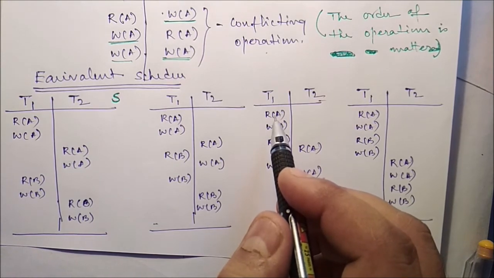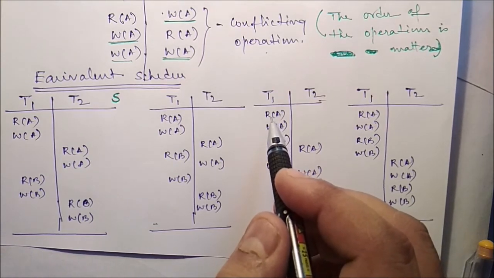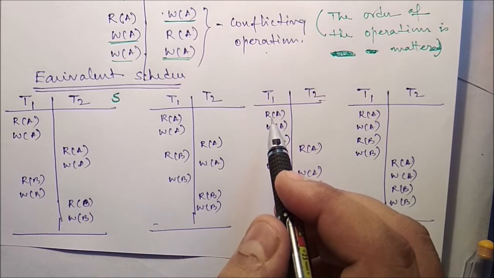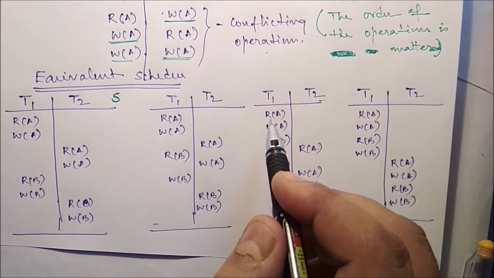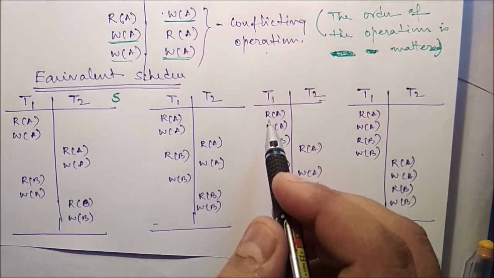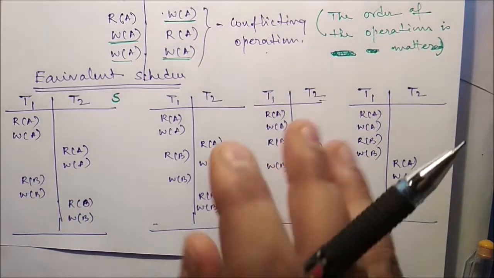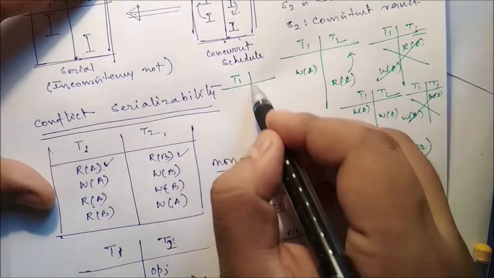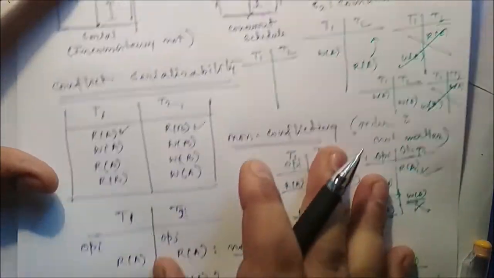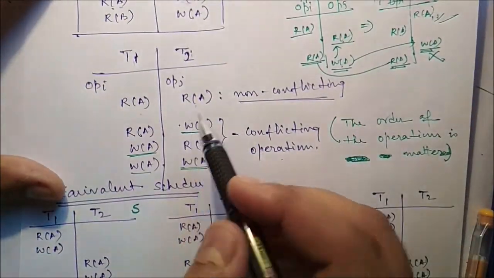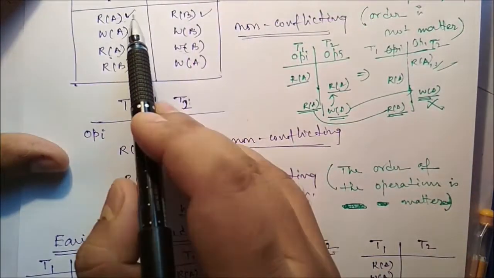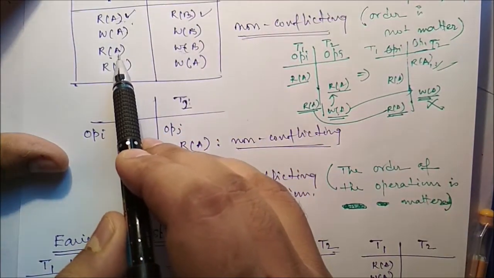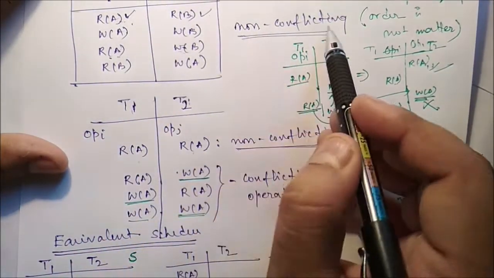We expect S to be equivalent to S dash, since all instructions appear in the same order in both schedules except for OPI and OPJ, whose order does not matter. Now, already we know that if the variables are of different type, A and B, then it is non-conflicting.